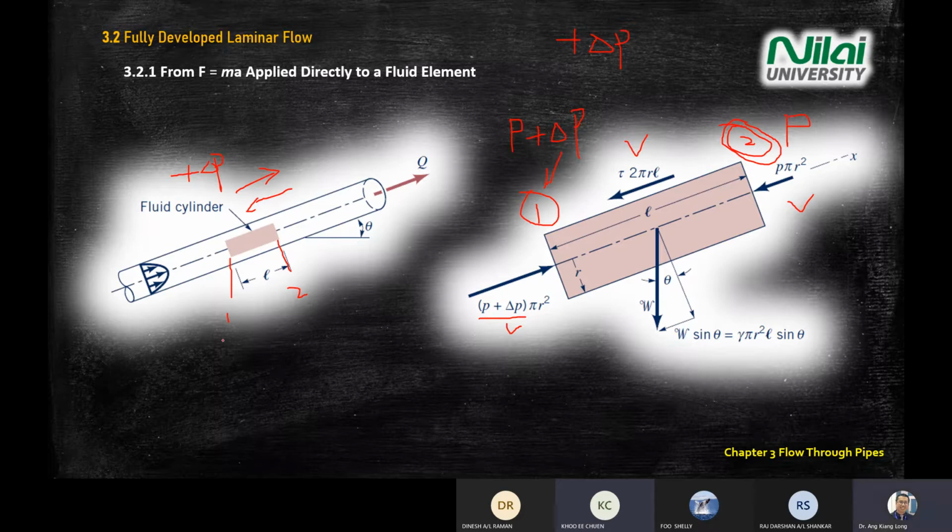Pressure 1 is higher, more than P2, right? So how does the flow go? Does the flow go from high pressure to low pressure or low pressure to high pressure? High to low. So it moves from point 1 to 2. Okay, correct.